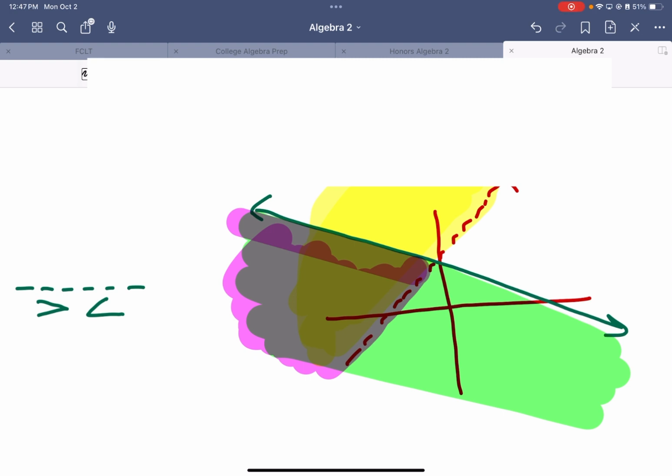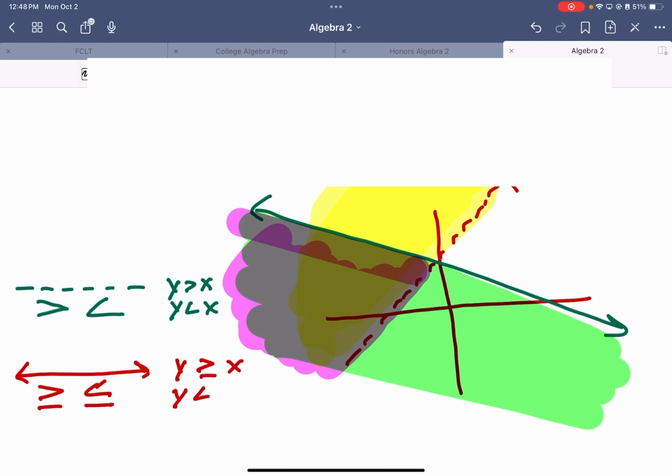For example, y is greater than x, or y is less than x, and that is by no means what I have drawn up there, but those are going to give you a dashed line. The other one you'll notice I made a solid line, the one that goes in the negative direction. A solid line is drawn if you have greater than or equal to, or less than or equal to. So this would be something like y is greater than or equal to x, or y is less than or equal to x.